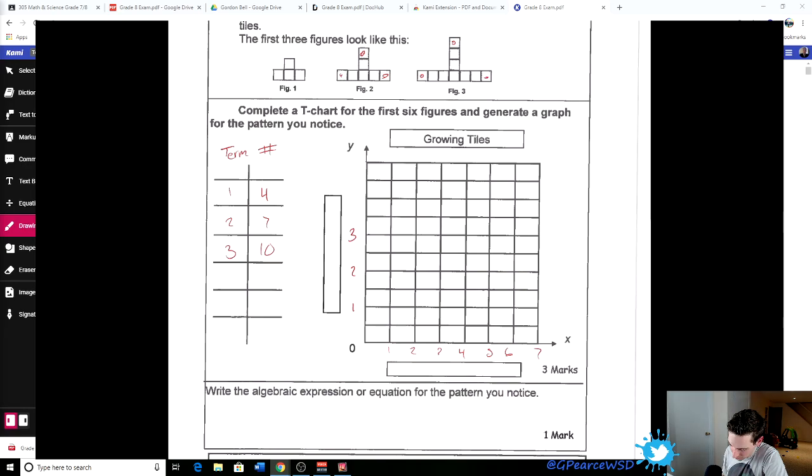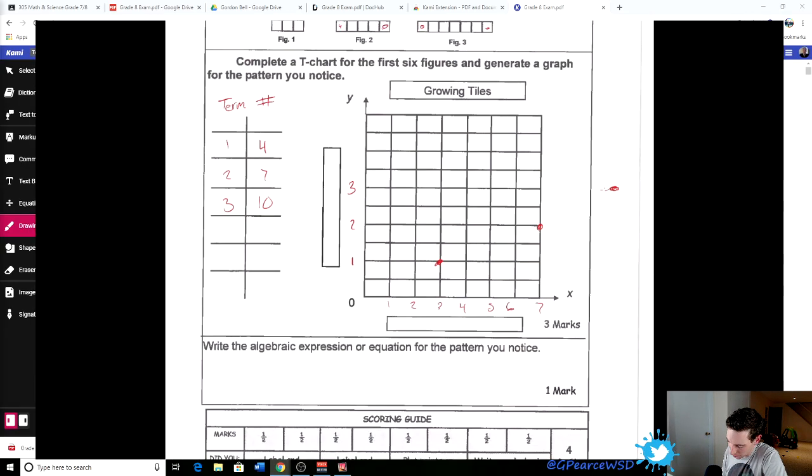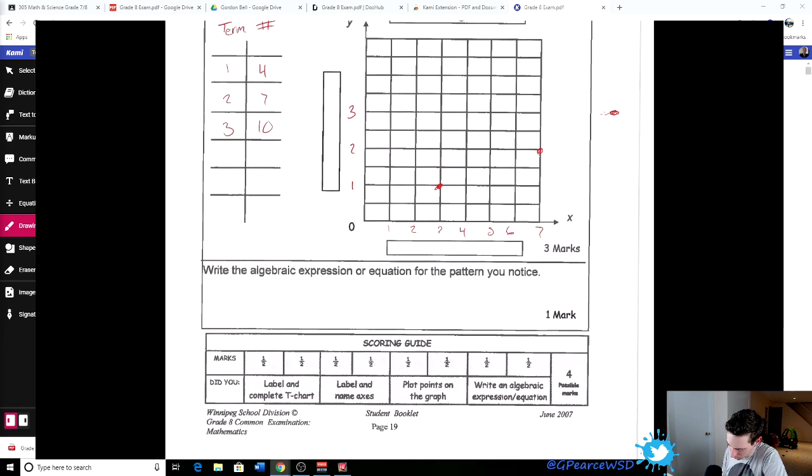And you're going to have to graph these. So we have 3 in term 1, and then in term 2 we have 7, and in term 3 we have 10. I should have made this go up by 2s. That's not the nicest scale. They're probably not going to be happy with that. But obviously, you guys can figure that out.